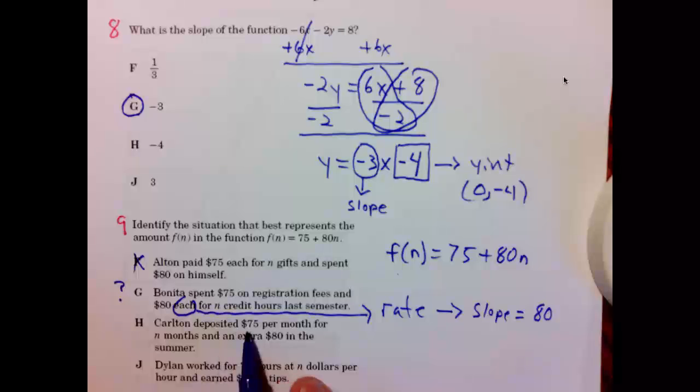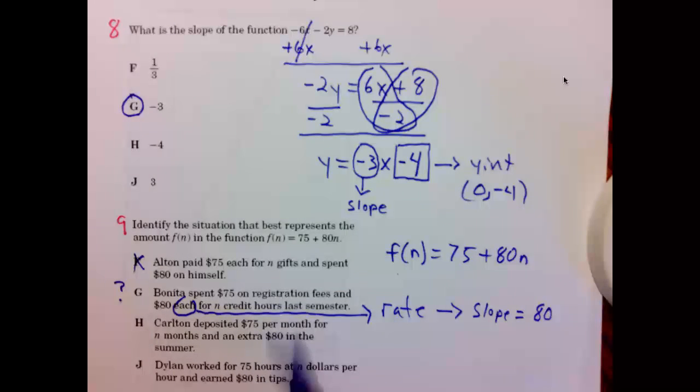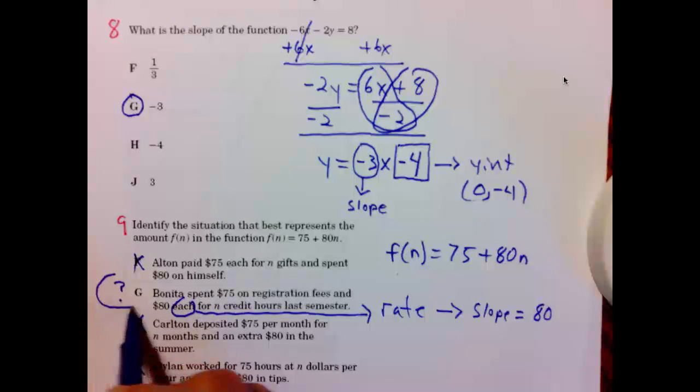Carlton deposited $75 per month. No, there's one time 75, not 75 per month. Dylan worked for 75 hours at n dollars per hour and earned 80 in tips. Again, the per is dealing with the 80, so J is no good. G is indeed the correct answer.